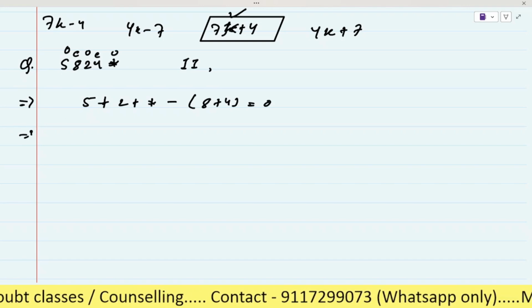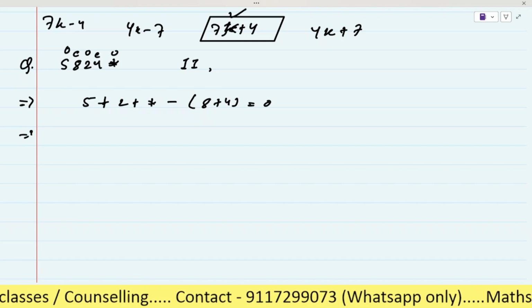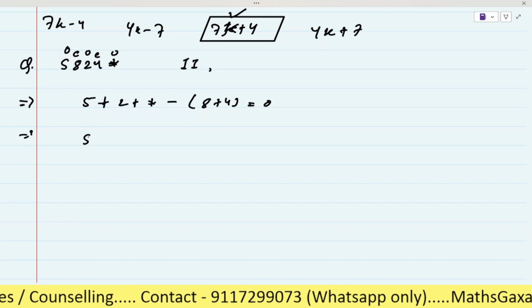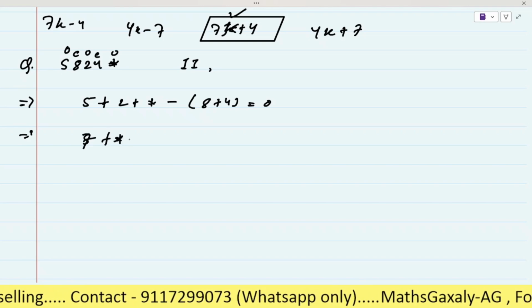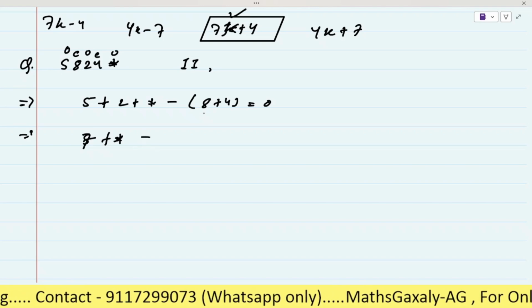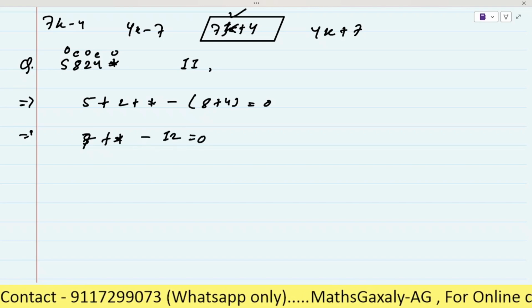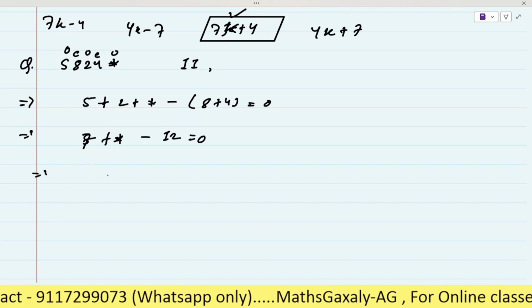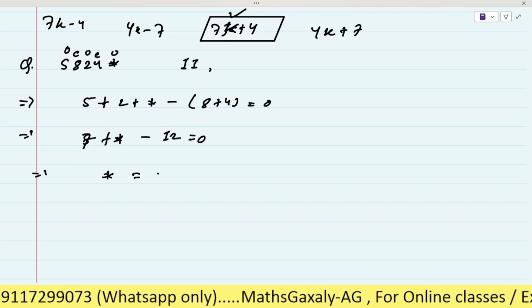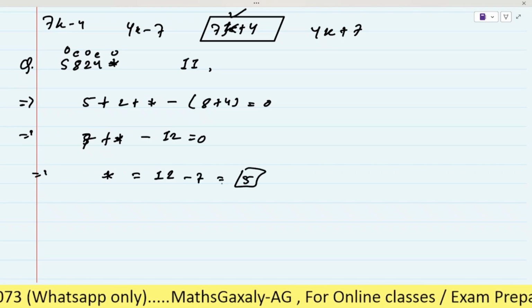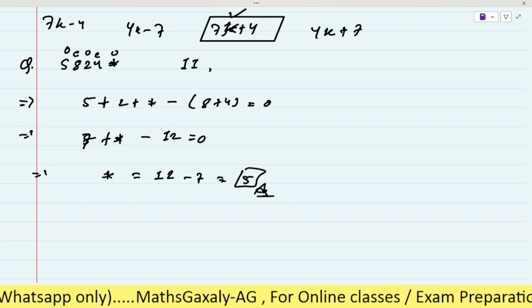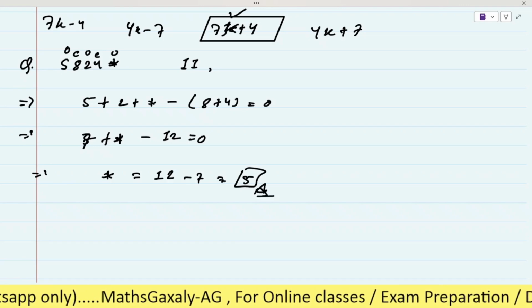So here 5 plus 2, 7 plus star, or you can take it as x, minus 12 is equal to 0. So star equals 12 minus 7, so the value of star should be 5. Is it clear or any doubt?